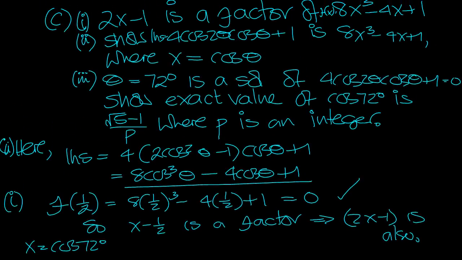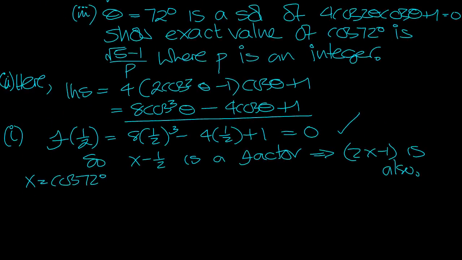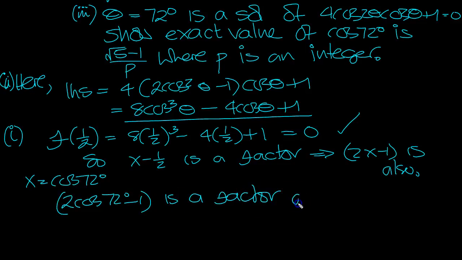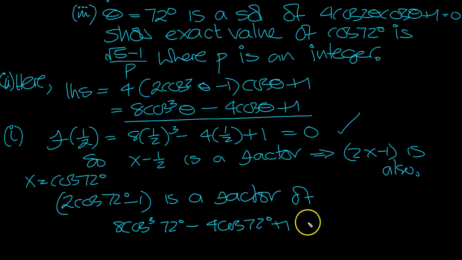Two x minus 1 is a factor of this, so let's just put that then. 2 cosine 72 degrees minus 1 is a factor of 8 cosine cubed 72 degrees minus 4 cosine 72 degrees plus 1 equals 0.